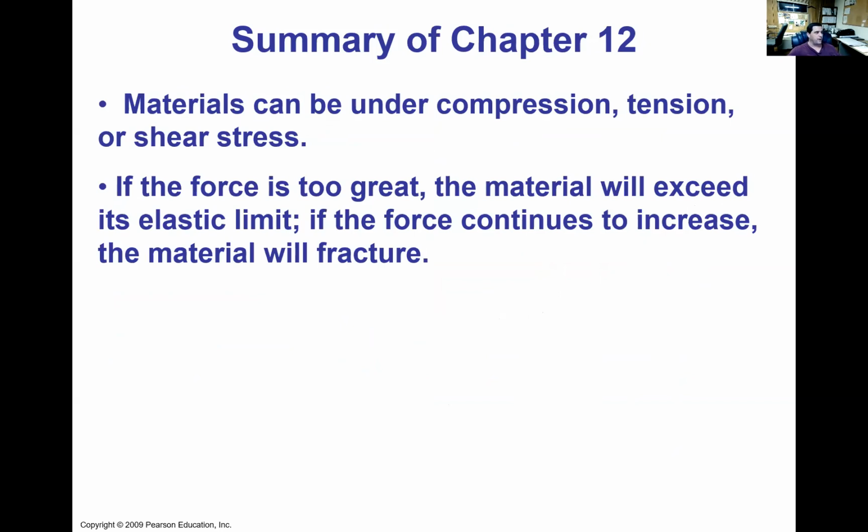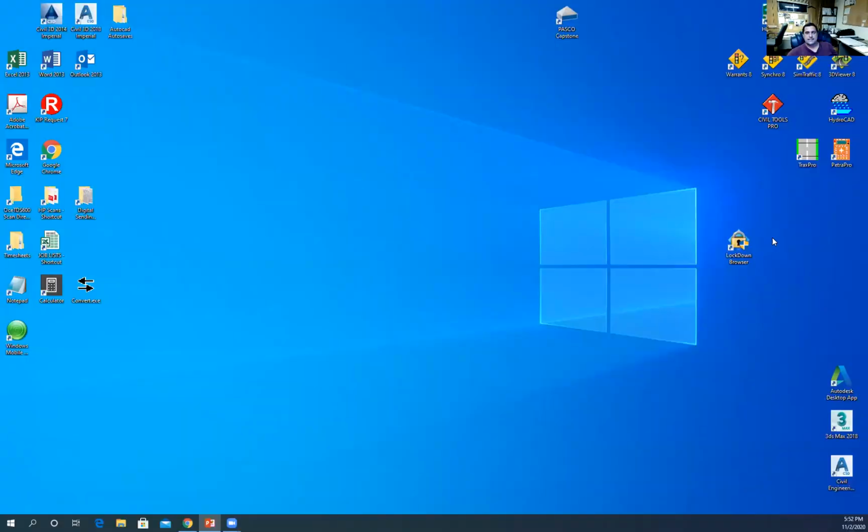Materials can be put under tension, compression, or shear forces. If the force is too great, the material will exceed its elastic limits and it will deform plastically. If you keep deforming it and you keep applying force, you could take the material to the point where it fractures or breaks. And that is the end of chapter 12.